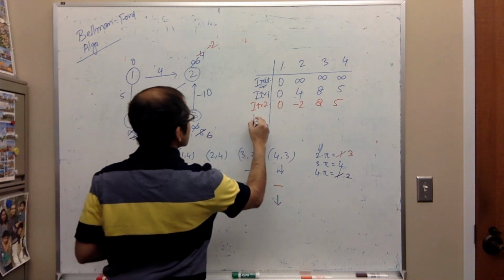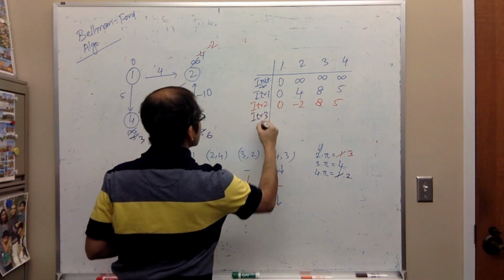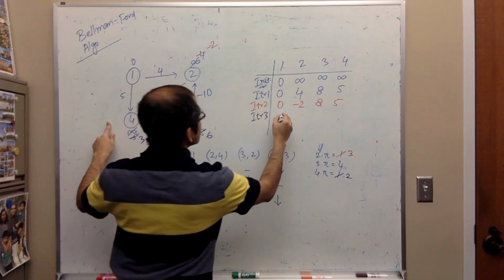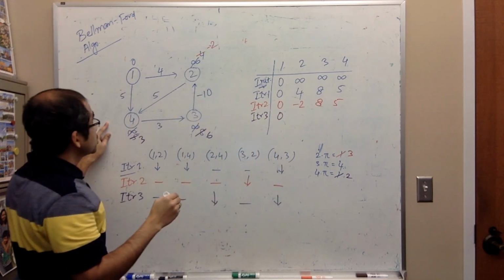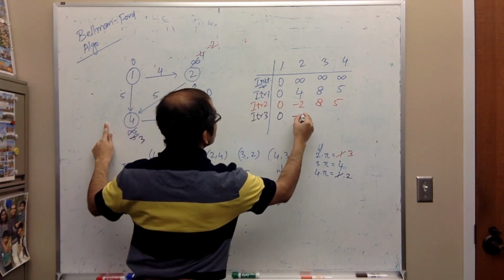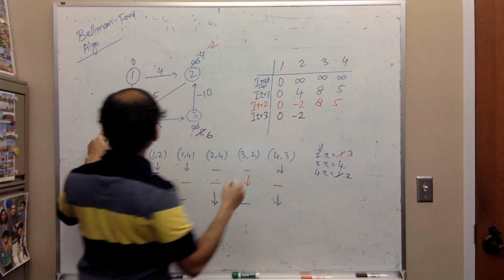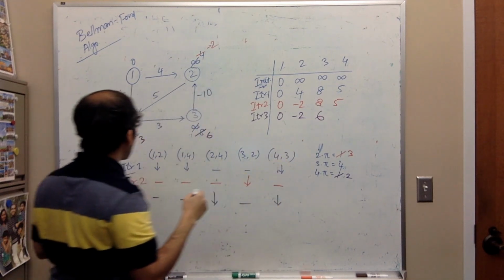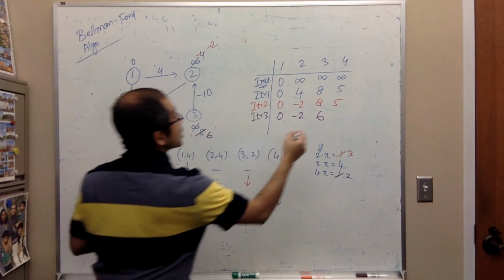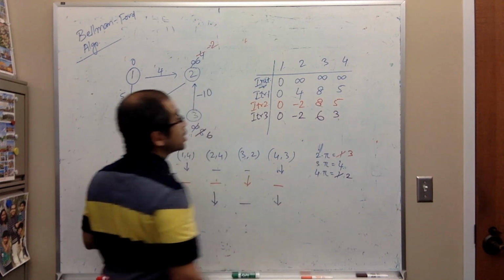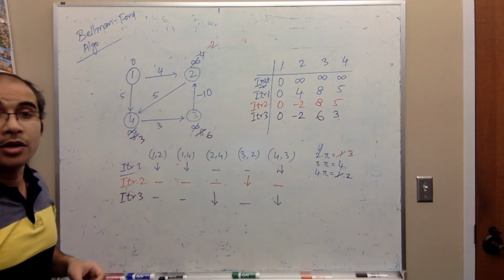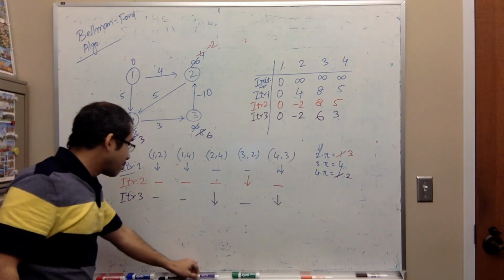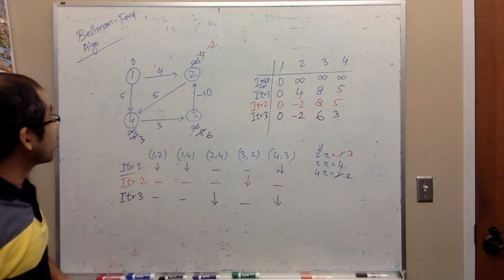At the end of iteration 3, 1's distance estimate is 0, 2's distance estimate is minus 2, 3's distance estimate is 6, it's a change, and 4's distance estimate is 3, it's also a change, okay? These are the distance estimates by the Bellman-Ford algorithm at the end of iteration 3.